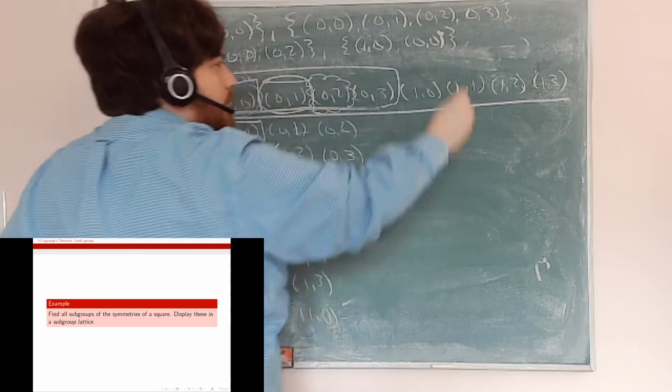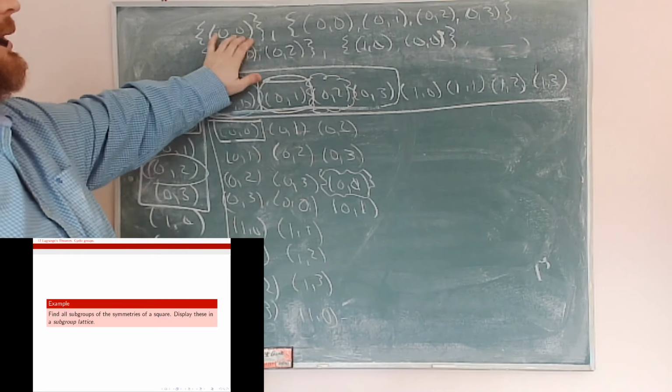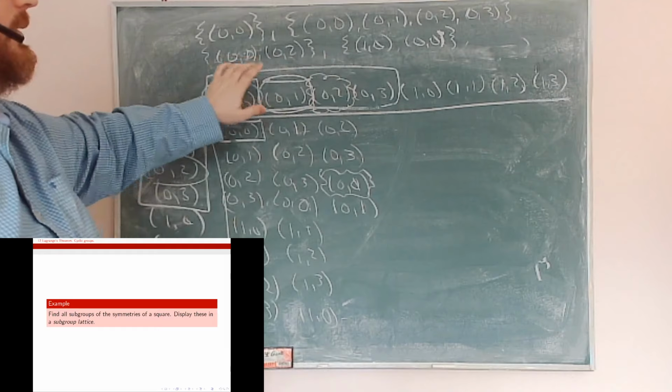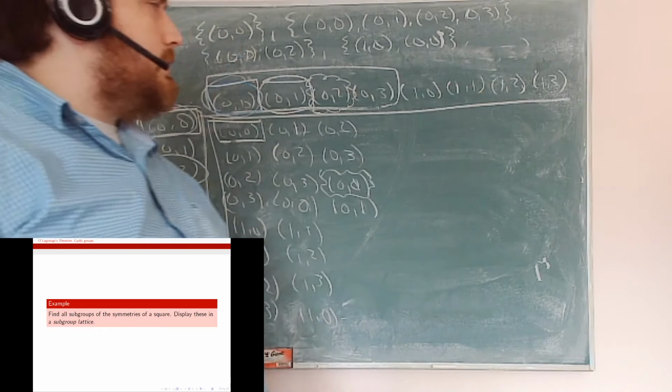So that's another group. Notice the order of the entire group is 8. So far I had 1 element, 4 elements, 2 elements, 2 elements. So 1, 2, 4, or 8 were my options, and I'm still falling within those. What's the group generated by 1,1?